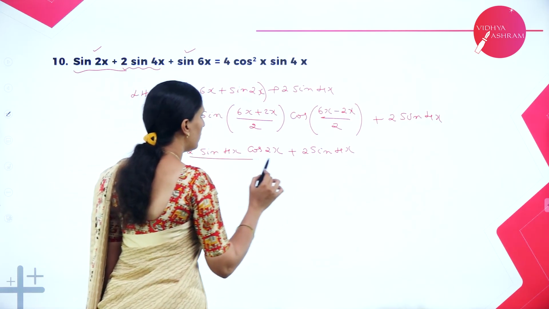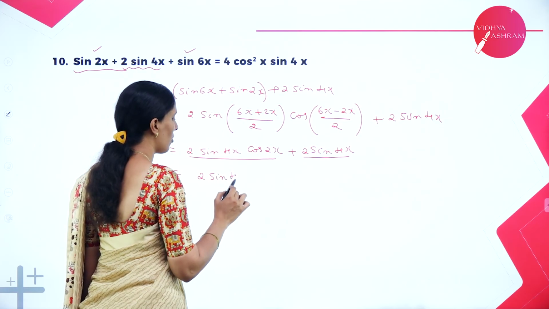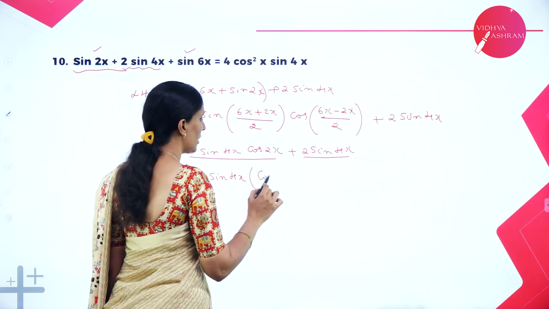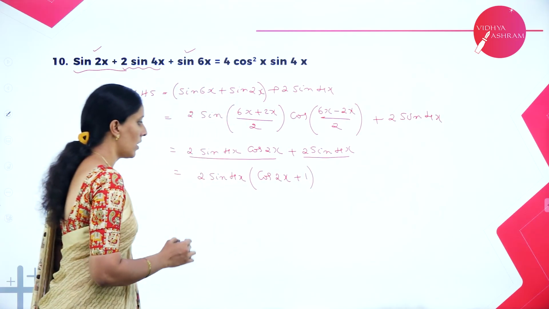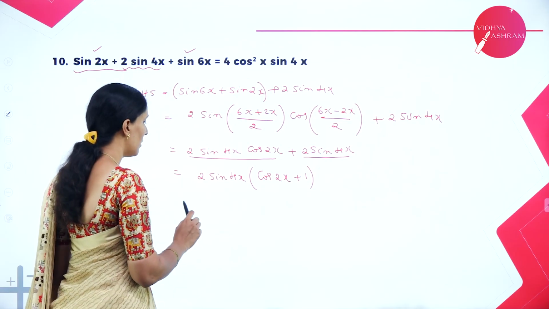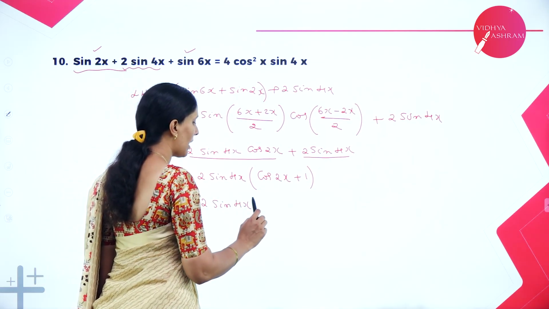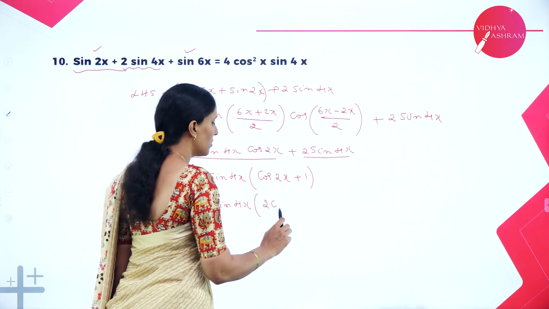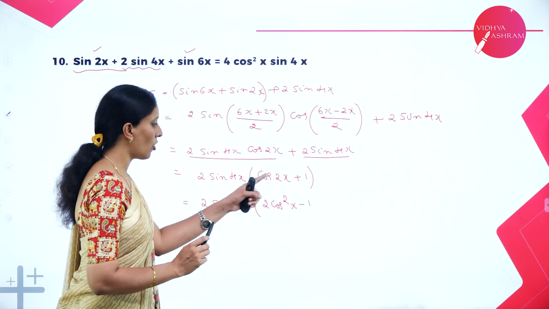Now in both the terms we have 2 sine 4x as a common factor. So when you take it outside, you are left with cos 2x plus 1. Now we need the answer in terms of cos square x. We know that cos 2x can be written as 2 cos square x minus 1, one of the identities of cos 2x.